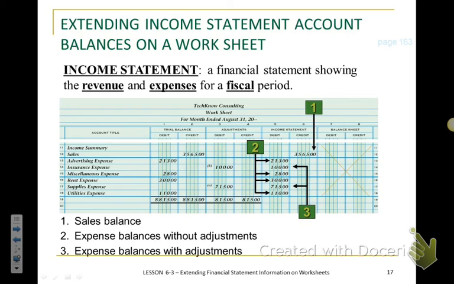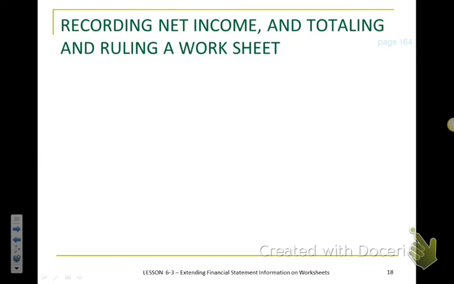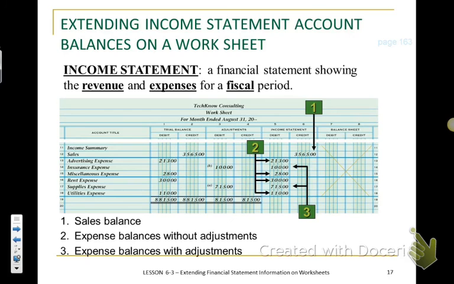And we had zero in our insurance expense. If we had zero in our insurance expense in our trial balance and we had a debit to our insurance expense in our adjustments column, what's going to be the balance of our insurance expense in our income statement? Is there a difference that we're taking, or are we adding it?